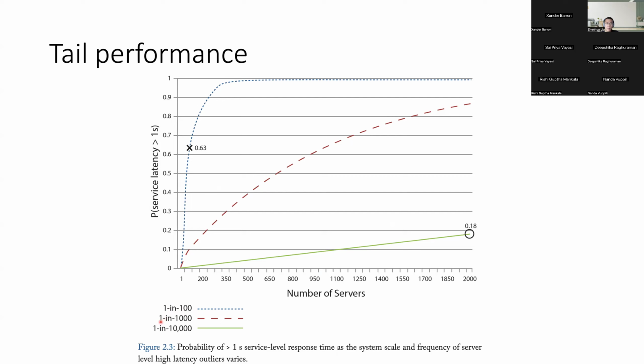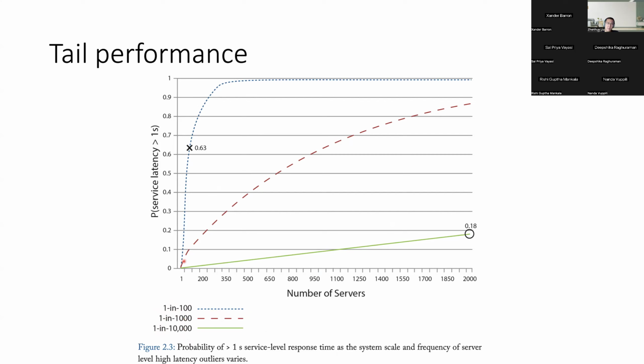The red line is 1 in 1,000. And the green line is 1 in 10,000. Of course, this one is probably more realistic. If you make it more and more reliable, it's more expensive and more challenging to manage.